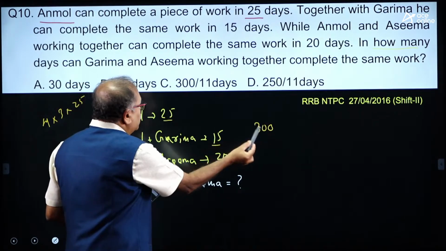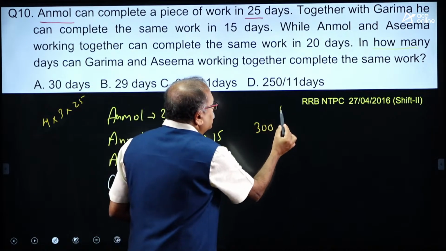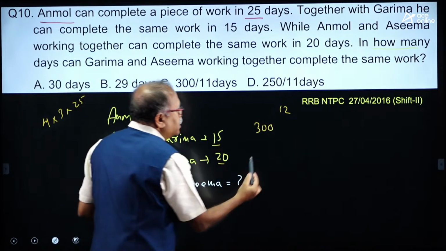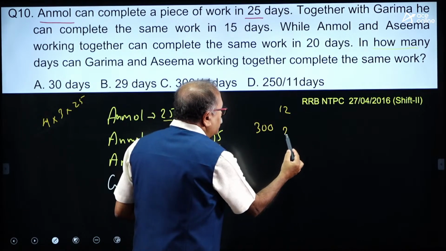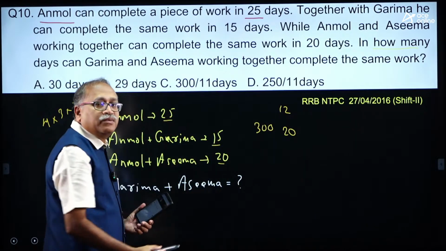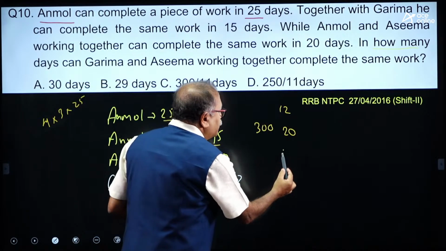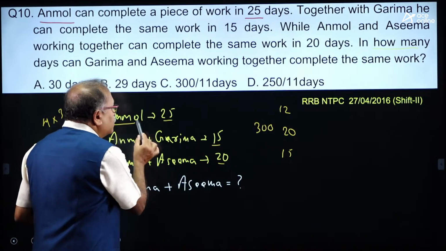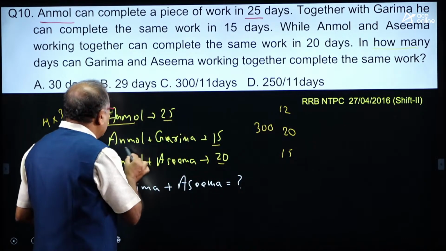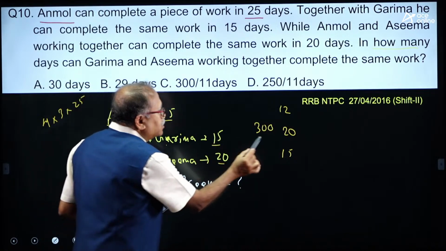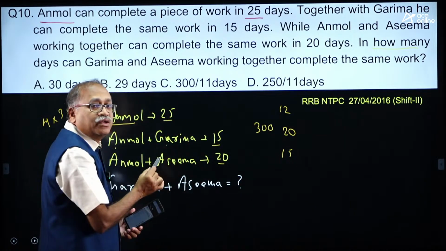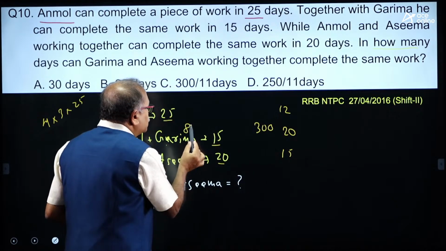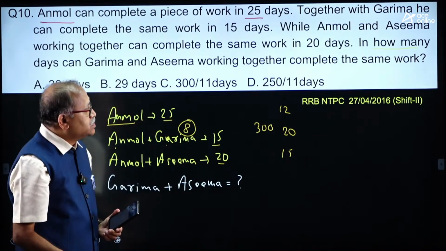So, 300 divided by 25, how many times does this come? 4 3s are 12. And 300 divided by 15 comes to 20, and 300 divided by 20 comes to 15. Now, I know Anmol is 12 units, Anmol plus Garima is 20 units, so Garima alone is 20 minus 12, that is 8 units.